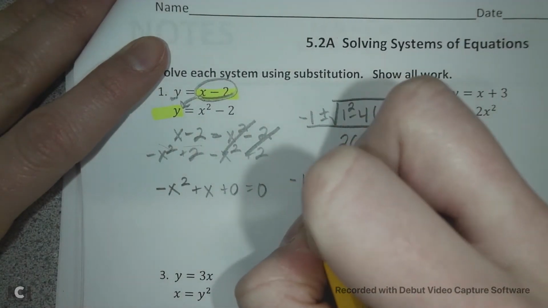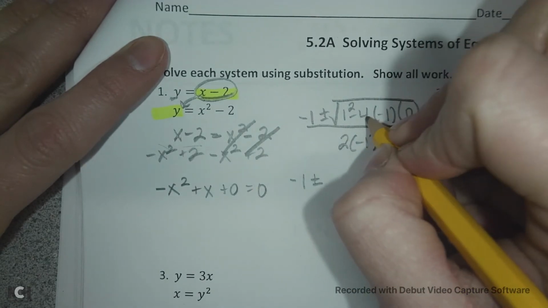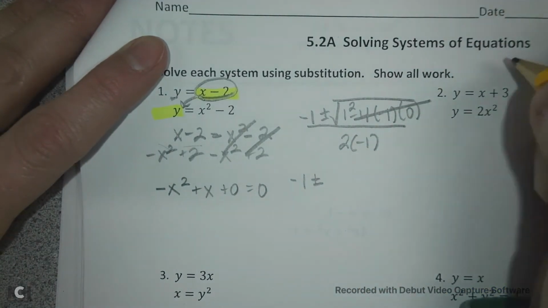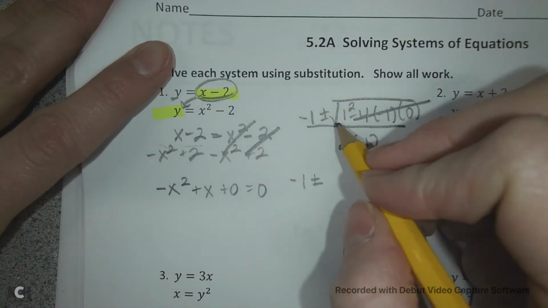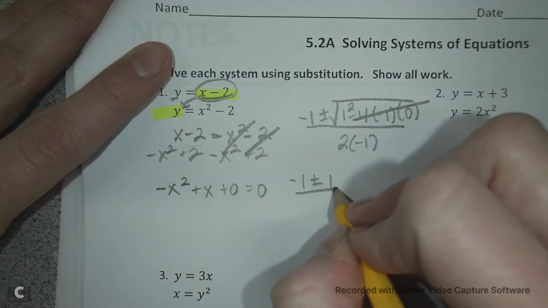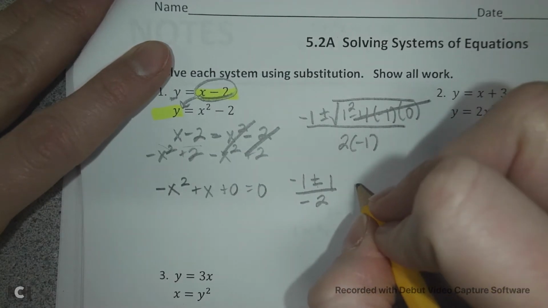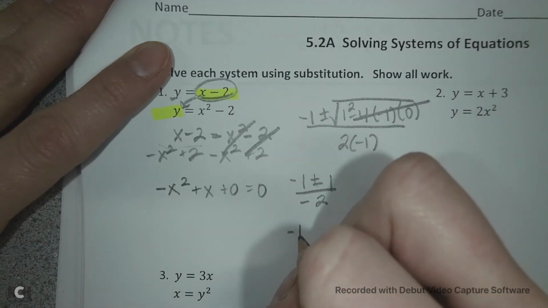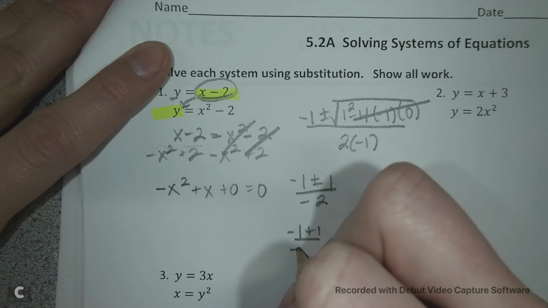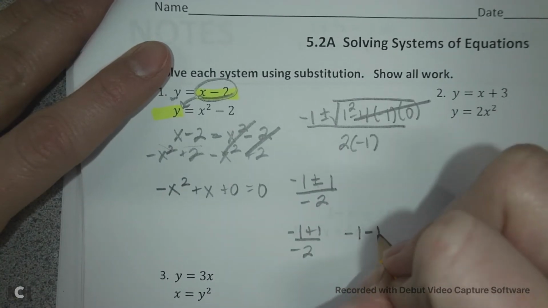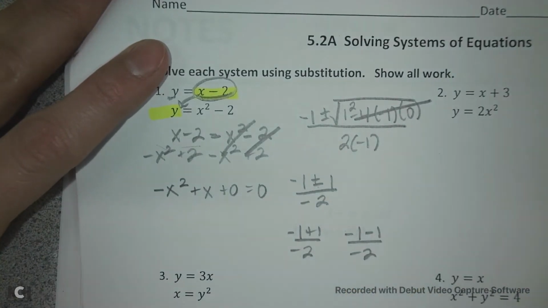Now we have negative 1 plus or minus, well, anything times 0 is gone. The square root of 1 squared is 1, and 2 times negative 1 is negative 2. So we have two answers. We have the positive version, so we have negative 1 plus 1 divided by negative 2, and negative 1 minus 1 divided by negative 2.